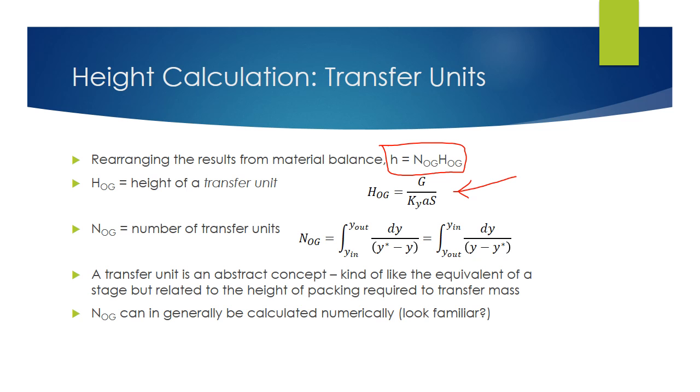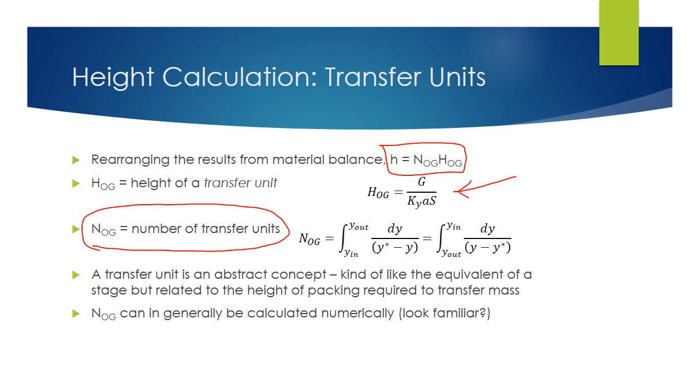The other quantity that appears here is a number of transfer units. And again, transfer units are an abstract concept, but they're kind of like stages, but defined for mass transfer-based problems rather than equilibrium-based problems. So here, the N_OG, the number of transfer units in the gas phase, is equal to the integral from y in to y out of dy over y star minus y.